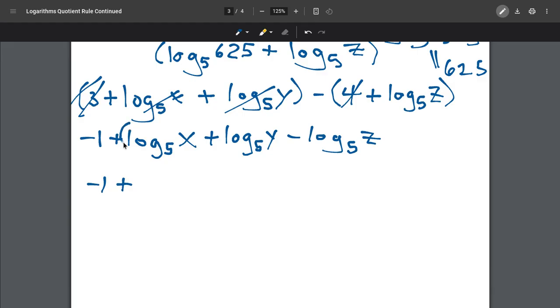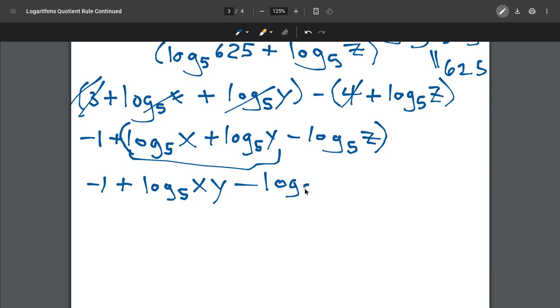now this part here, let's group this part together. So this first part could be a group. So we'd have log base 5 of xy, and then we're subtracting log base 5 of z, and then we could group this back together using the quotient rule.